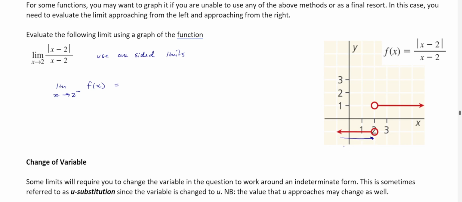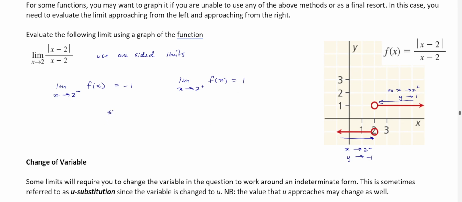Okay, so as x approaches 2 from the negative side, y approaches negative 1. Limit as x approaches 2 from the positive side. So, okay, I go from this side right there. This is as x approaches 2 from the positive side. y is going to approach positive 1 in this case.